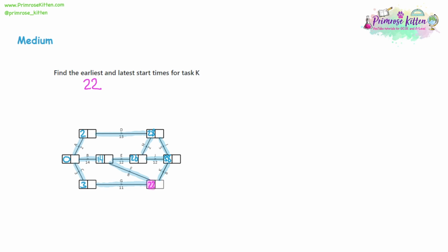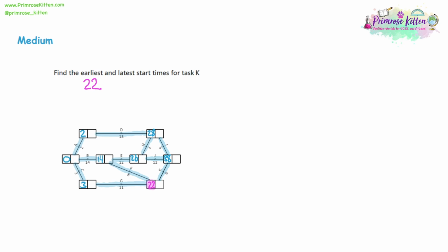Now, what about the latest times? So we have to go backwards through the tree and we have to take away. So if everything's finished by 38, we think about task K. If its earliest start time is 22, then 22 plus the 8 for task K means that task K can finish at 30.